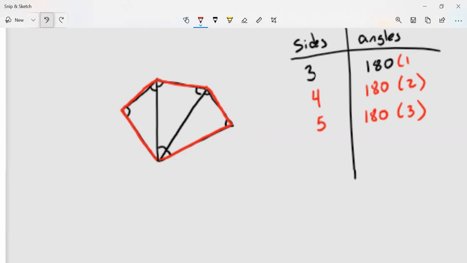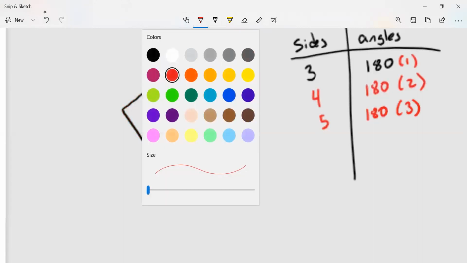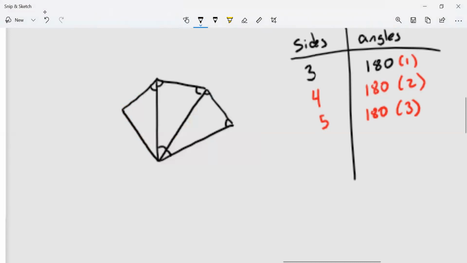Let me erase my red lines here. When it had 5 sides, I said 180 times 3. What if I add another triangle? Let me add it right here, and I know this is going to be 180 times 4.